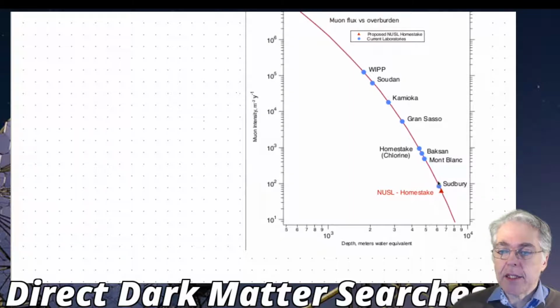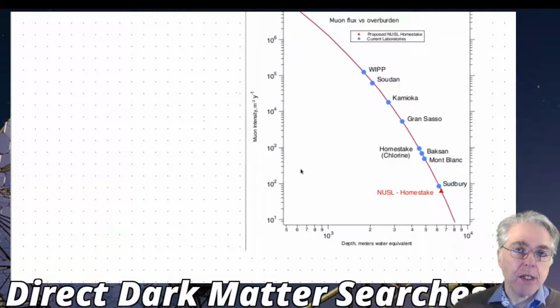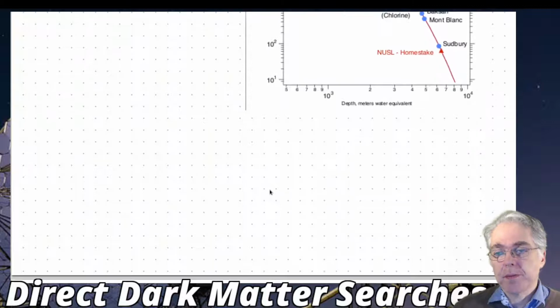In that case, the rate drops to values which are about 100 or so per square meter per year, which makes it possible to deal with this background in the sense that using a simple scintillator it is possible to detect the muons passing through, and then the detector is usually vetoed for any subsequent events because they could be caused by neutrons which have been generated by these muons.